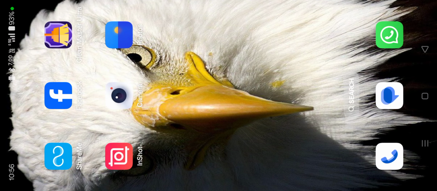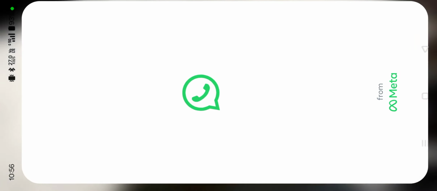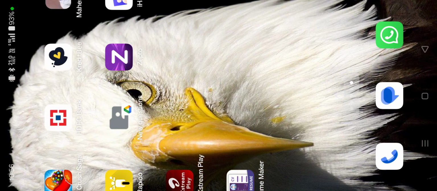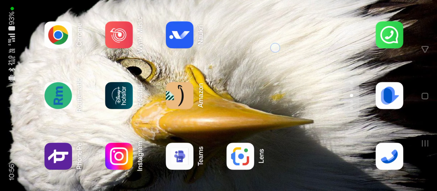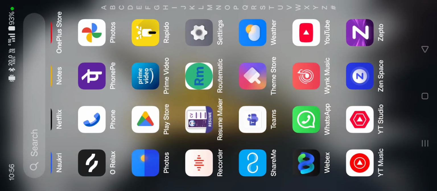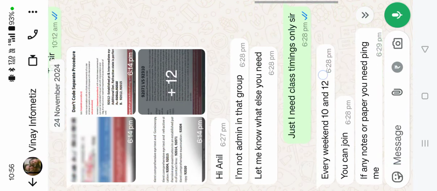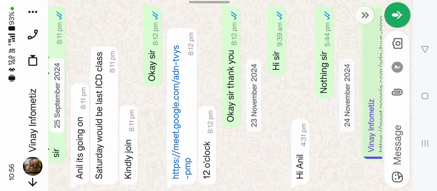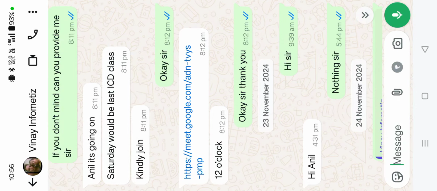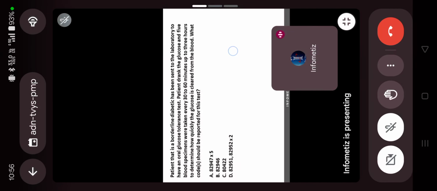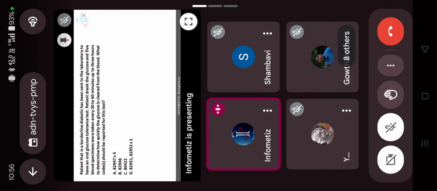82946, 82947: can we code those? 82946 is a glucagon tolerance test. That is not a glucose tolerance test, right? Here the question is asking for glucose tolerance. 46 is glucagon. 82947 is only a glucose test, only one test, not a tolerance test. I want to check how much glucose is in my body, for diabetes.